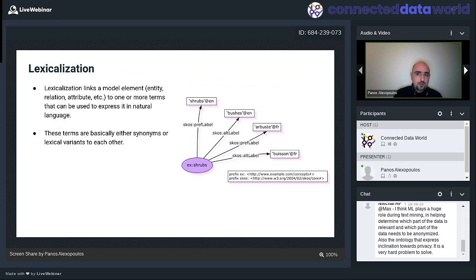And why is that important? Because the reason we put this knowledge in a knowledge graph is, on the one hand, to make the meaning of the entity or of the concept more explicit and more understandable by humans. But also when we apply the knowledge graph for an NLP task, right?